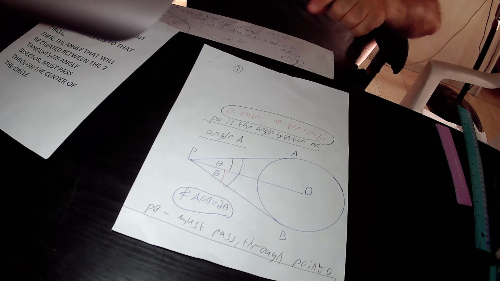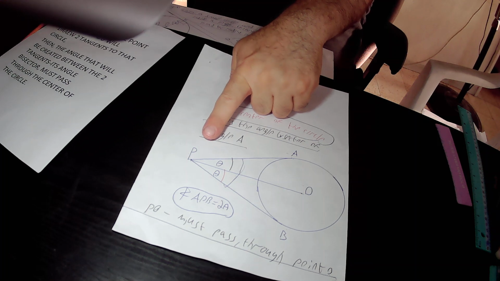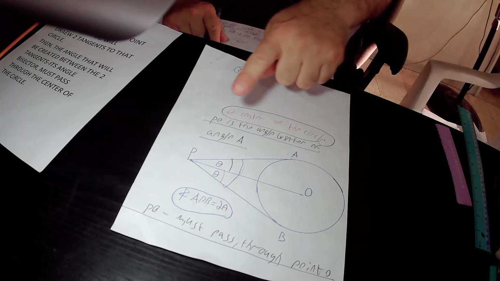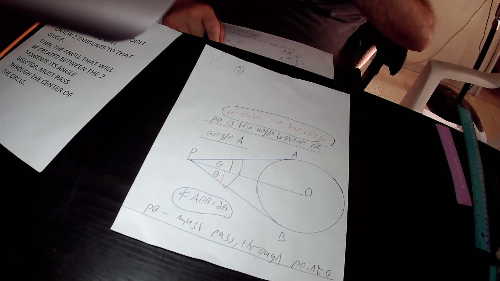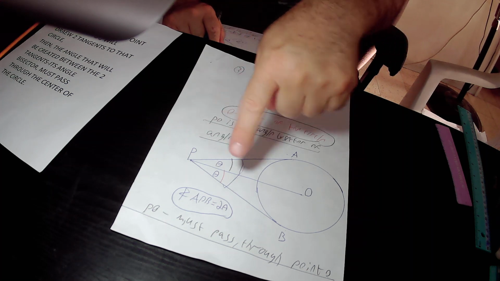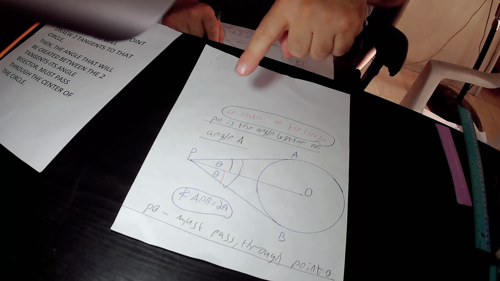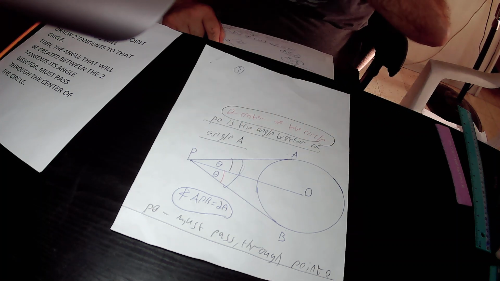This is the common external point P. From this common external point P, we draw two tangents to this circle, tangent PA and tangent PB. By drawing those two tangents, we get angle APB.